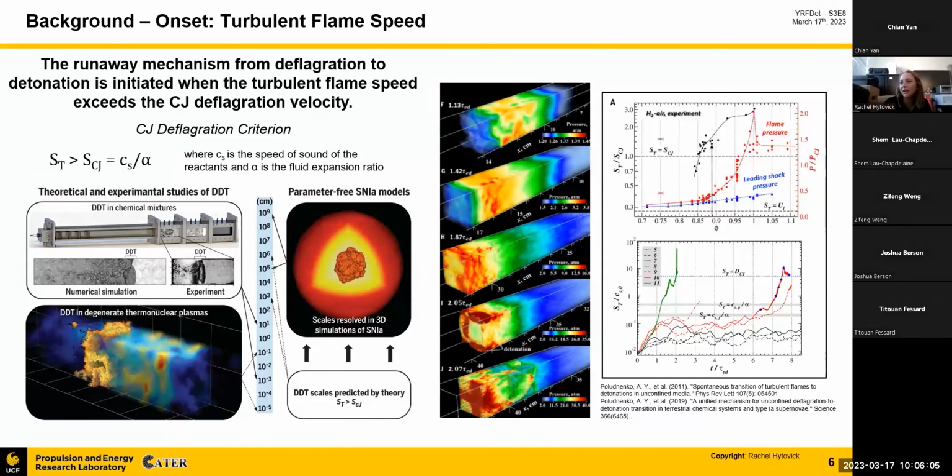This shows that when your turbulent flame speed, or the rate that the flame consumes the reactants, accelerates past the CJ deflagration criterion, which is defined as the speed of sound of the products divided by the fluid expansion ratio, which is just the density difference between the reactants and products, then you're guaranteed to transition to a detonation shortly after.